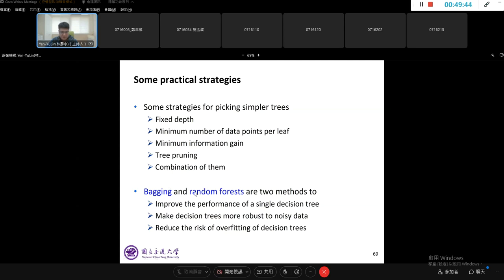Both of them can improve the performance of a single decision tree. Also, they make a decision tree more robust to noisy data, and they can be used to reduce the risk of overfitting of decision tree. So our focus will be bagging and random forest in the next section.